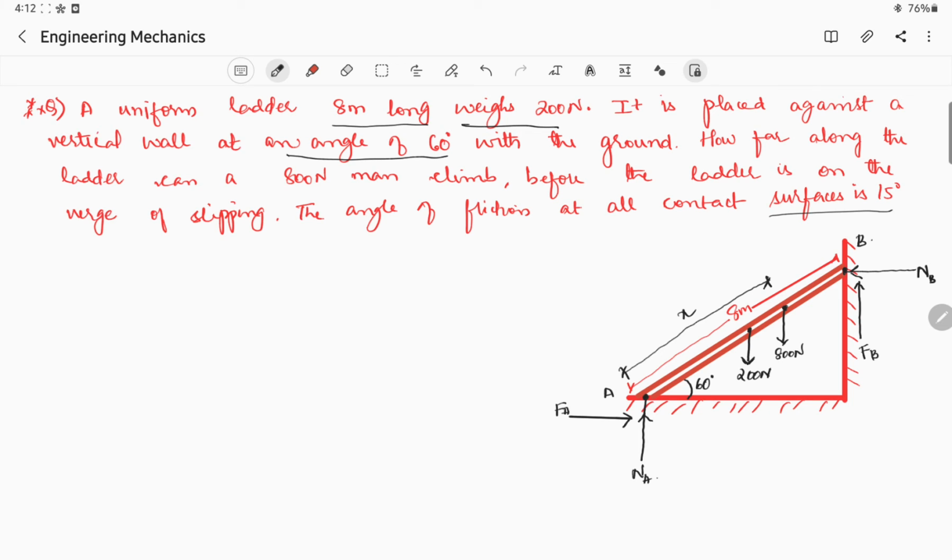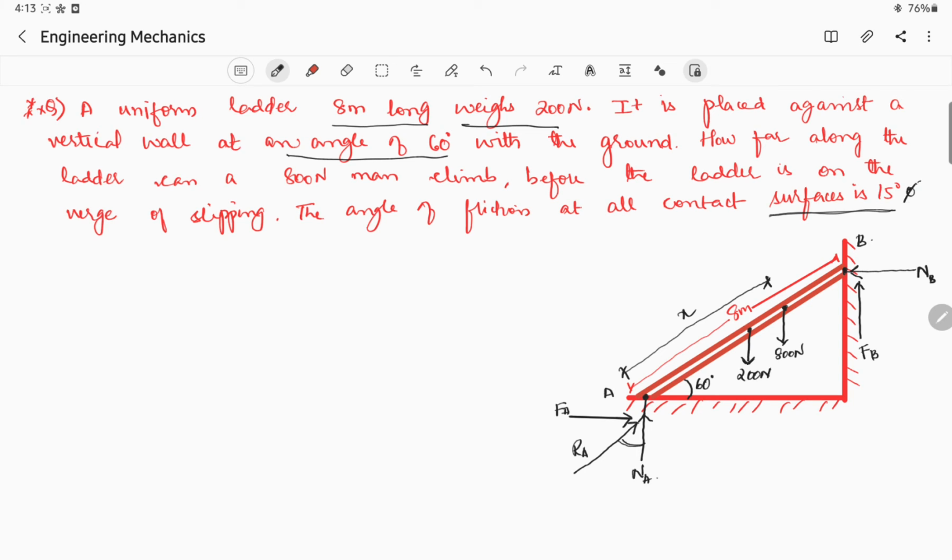Another important thing: this force is going in the upward direction and another force is going in the right direction, so we will have a resultant force RA, and this angle is given to us. The friction angle at all contact surfaces is 15 degrees.